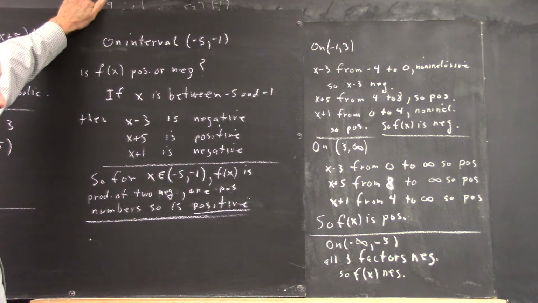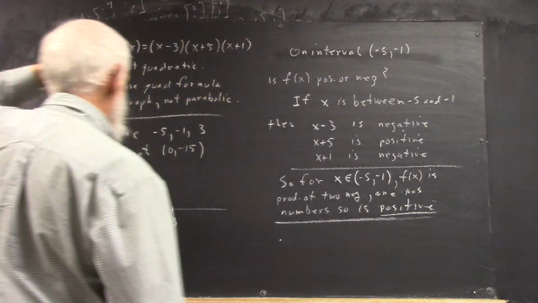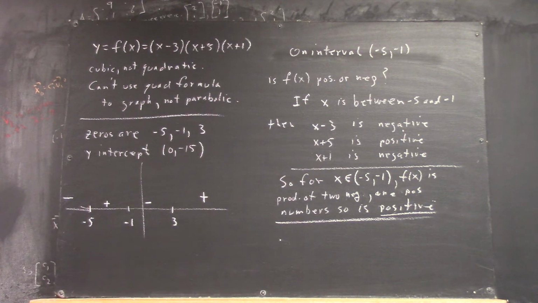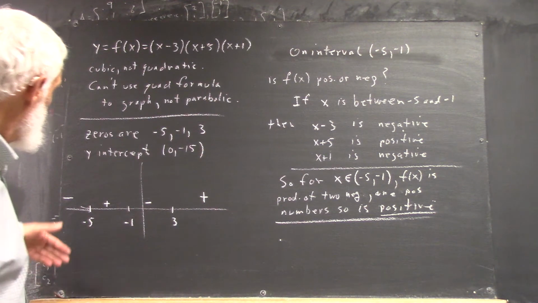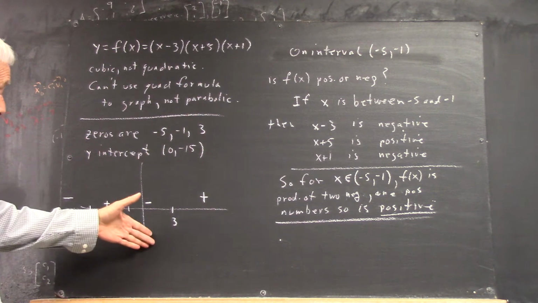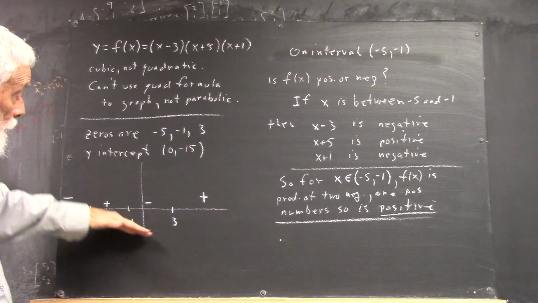And we can now take that information and say that, okay, it'll be positive here, it's going to be negative here. Okay, so somehow it's got to go from negative to positive here, from positive to negative, from negative to positive. So it's going to kind of look like this, right?